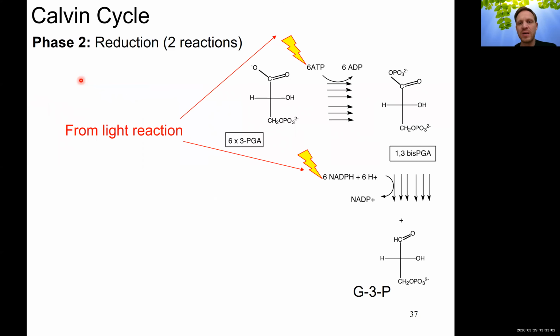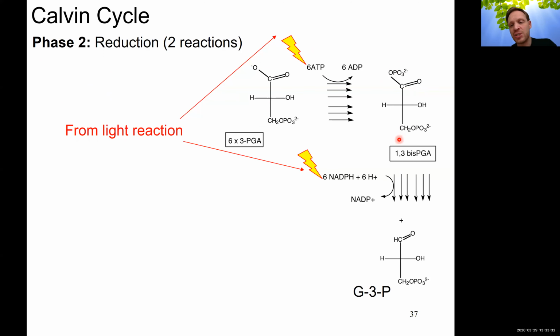All right. Then the next reaction, right? We've just generated your 3-PGA right here. The next step is reduction, okay? So what we're actually doing is now, we're doing 2 things. We're using actually our ATP from the light reaction, and we first phosphorylate the carboxy group here, right up here. You bring the phosphoryl group in here, then you make 1,3-bisPGA, right?